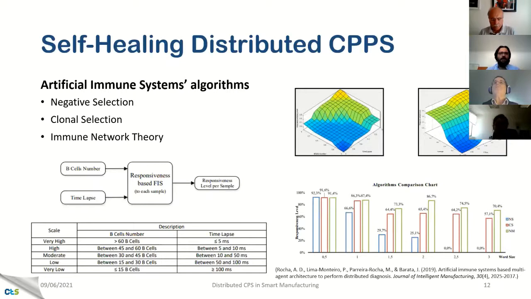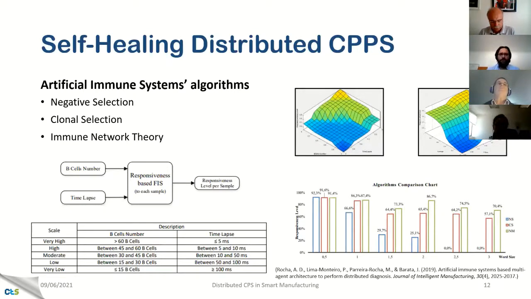In this case, we found that three algorithms are commonly used to mimic our immune systems. We made some experiments with these three algorithms, and we evaluated their performance using an evaluation model.